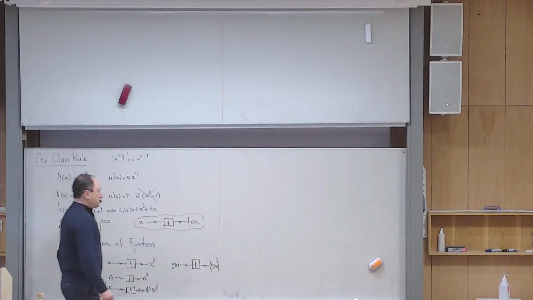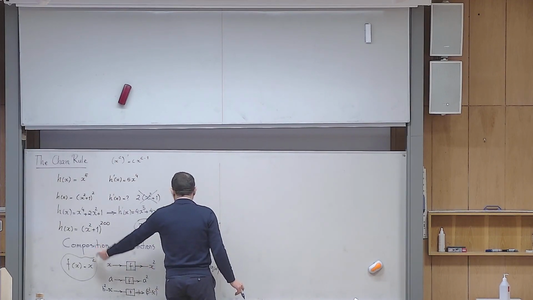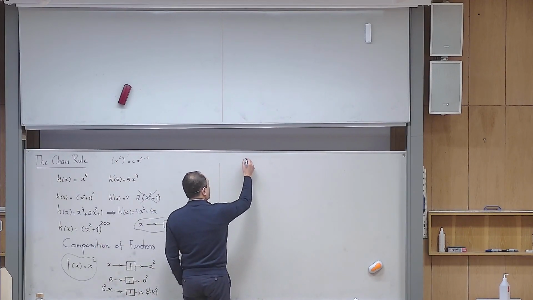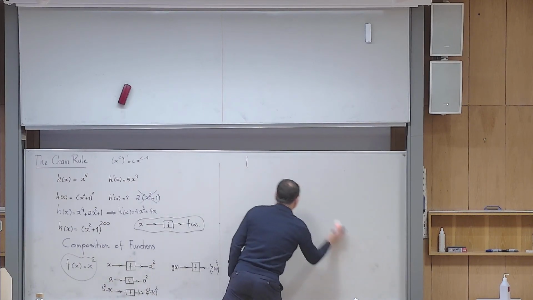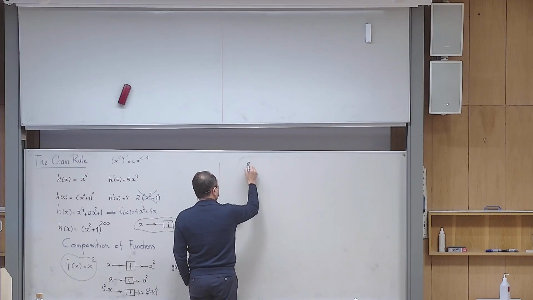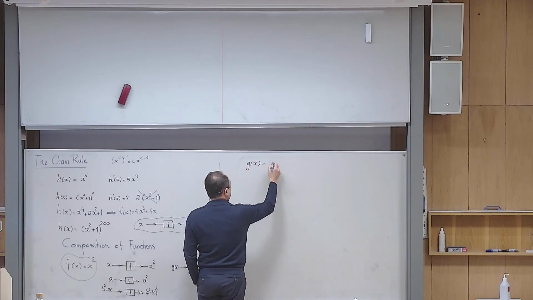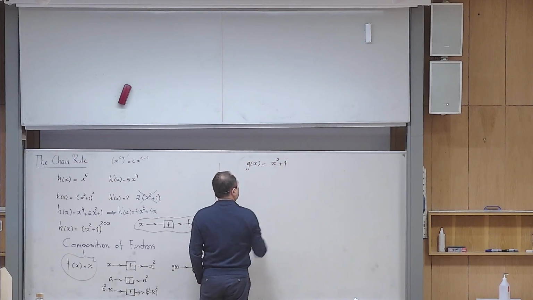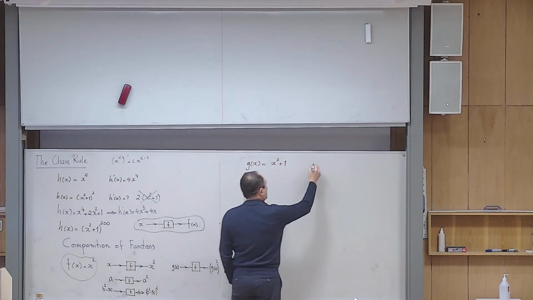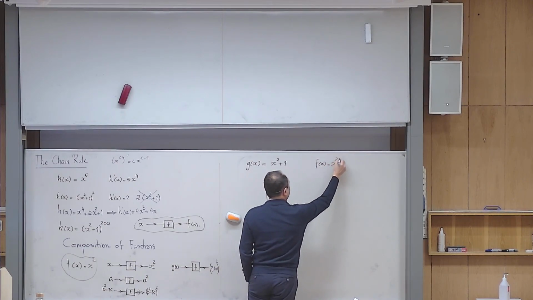Now let me give you two functions, and then I want to get close to the idea of composition of two functions. Let us, for example, take a function g of x to be x squared plus 1, and let me give you another function f of x, x to the power 200.